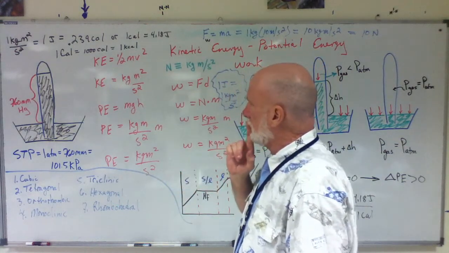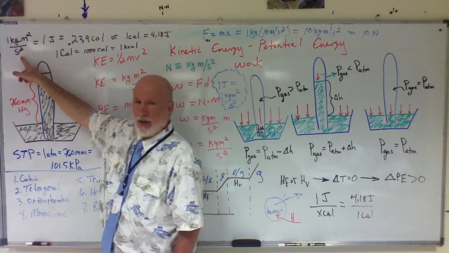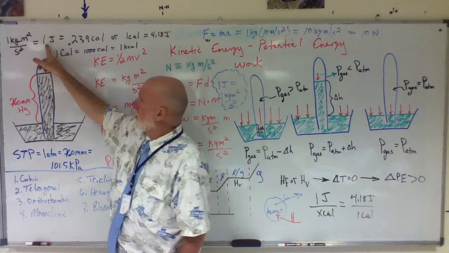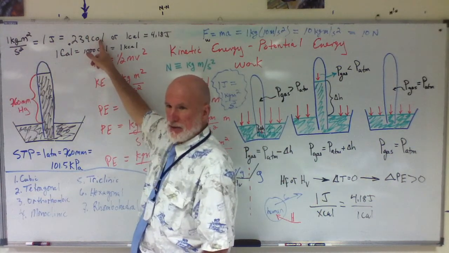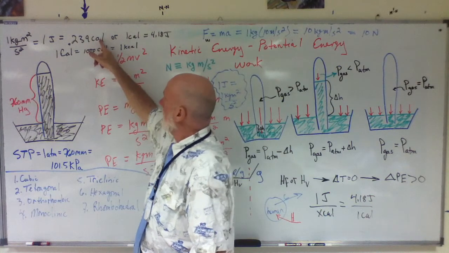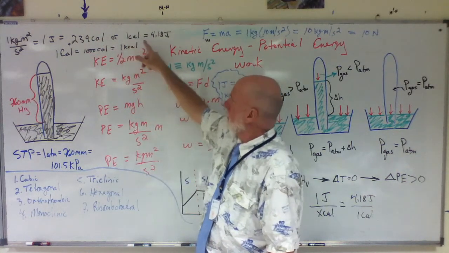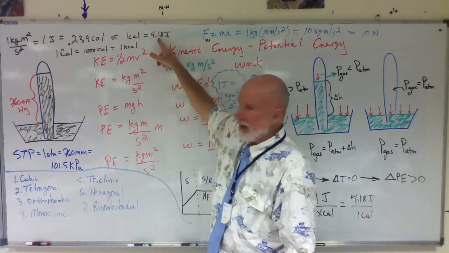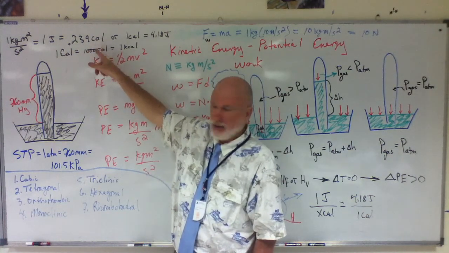Now, so we know that 1 kilogram meter squared per second squared is 1 joule, correct? Well, 1 joule is 0.239 calories. And what we use is essentially 1 calorie is 4.18 joules, same thing. 1 calorie is 4.18 joules, or 1 joule is 0.239 calories.